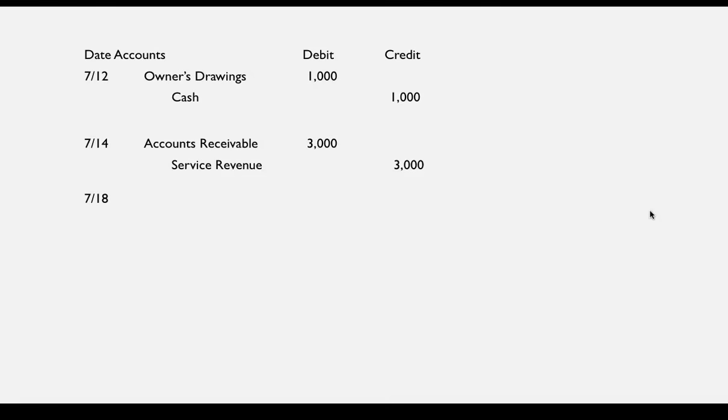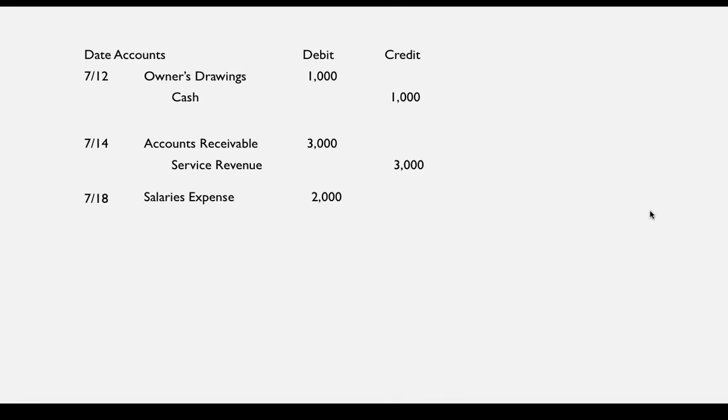So now on July 18th, we paid employees a total of $2,000. So we are paying our employees salaries right now, right? So whenever we pay salaries, we can be thinking of expense accounts. And luckily, we have an expense account called salaries expense, right?